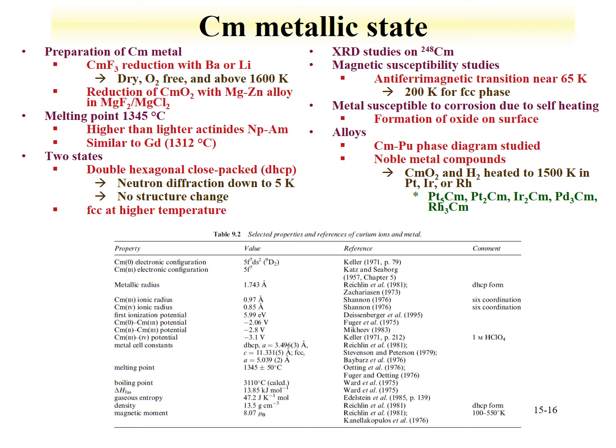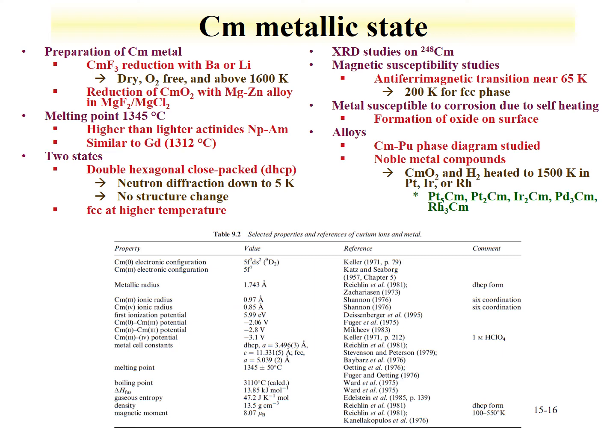There are two structures, hexagonal close-packed and face-centered cubic. The information on the metal phases and melting points is shown here, and data on curium ions, including the ionization potentials and ionic radii, are listed here.